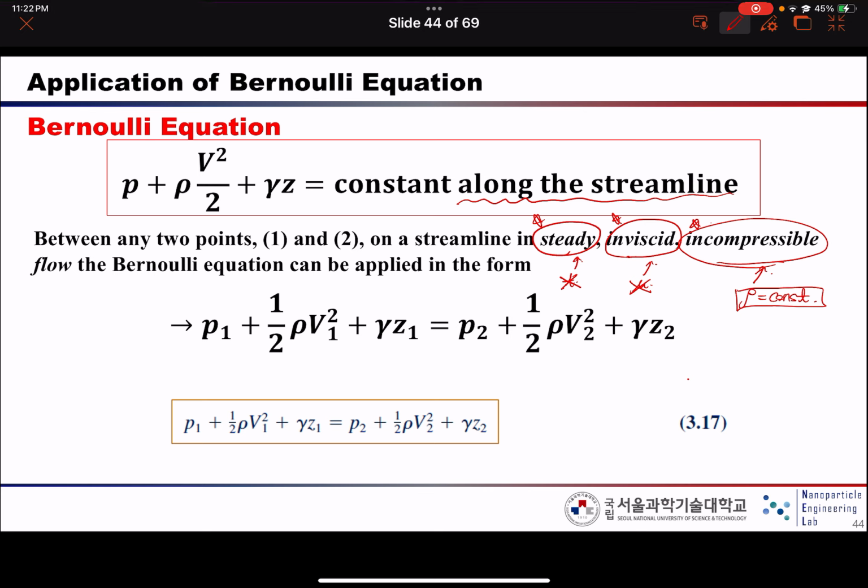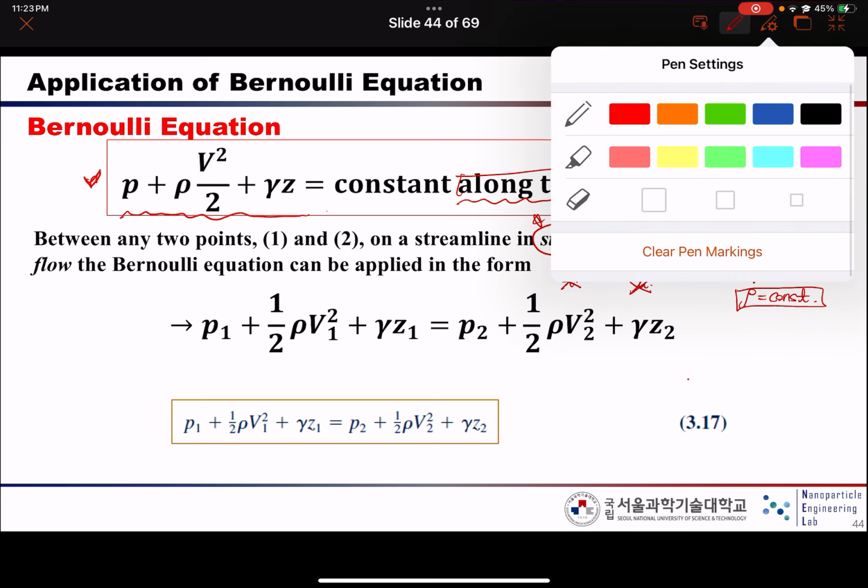So you should make sure these three assumptions are valid for your case, and then along the streamline, not across two different streamlines, this equation is always true: P plus rho V squared divided by 2 plus gamma Z equals constant.